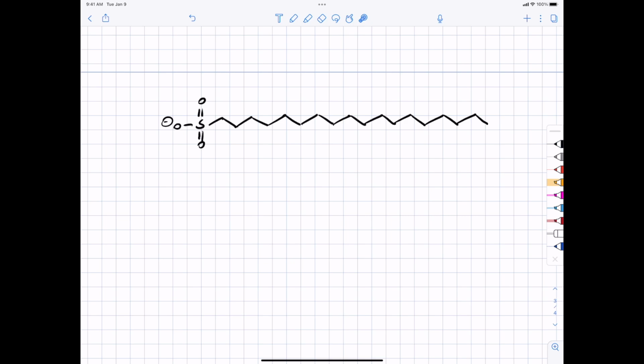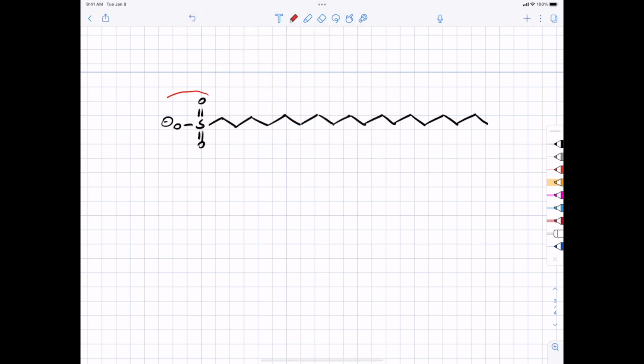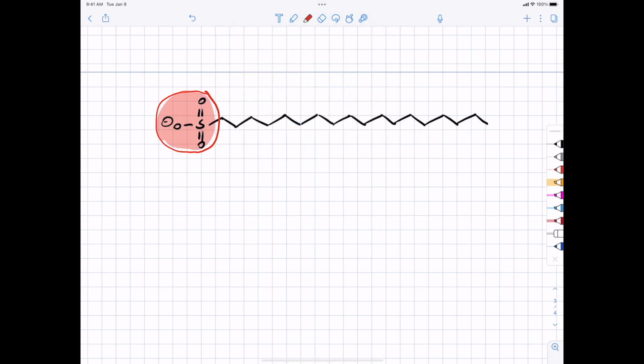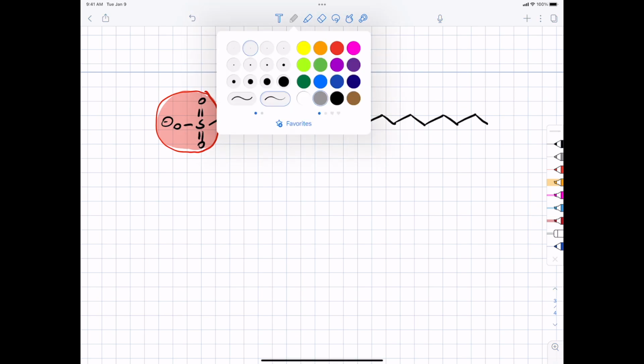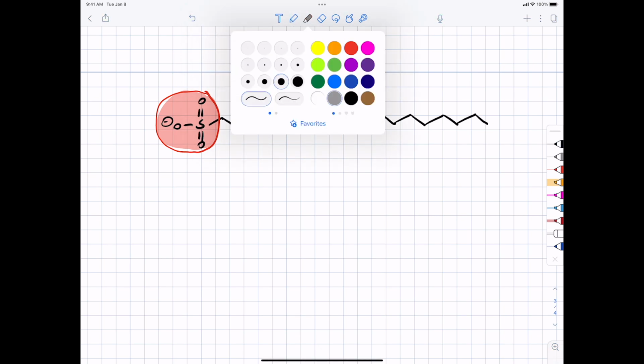You have a group here at the top of the molecule that's polar and has a negative charge, so we'll color that red. And then you have this nonpolar tail that is not capable of hydrogen bonding interactions, so I'm just going to highlight that in gray.